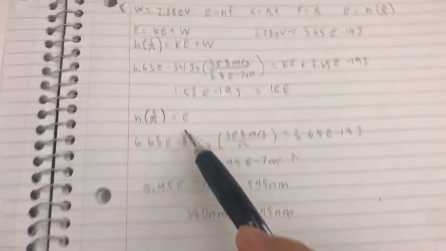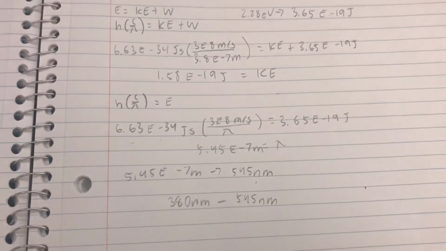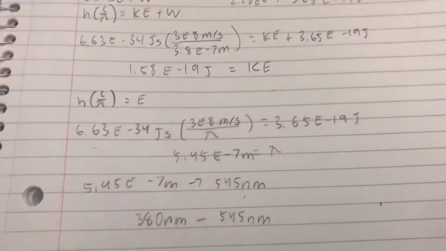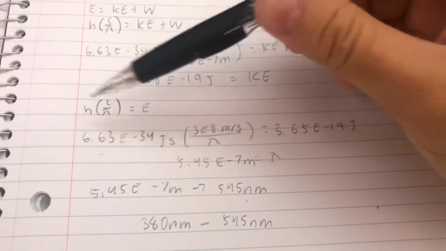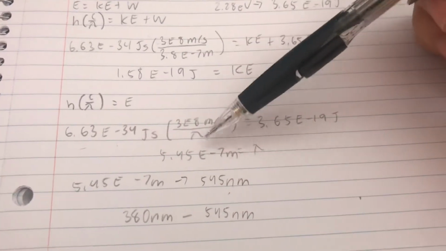Then for the second part, B, it's looking for the range of wavelengths. So you solve for wavelength: E equals h times speed of light over wavelength. Plug everything in.